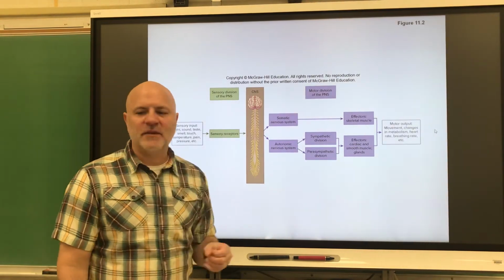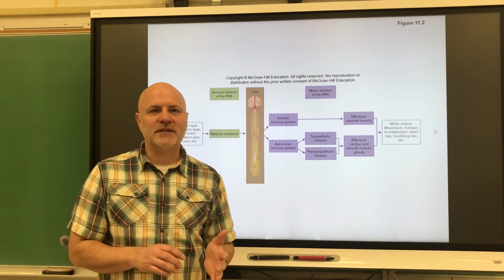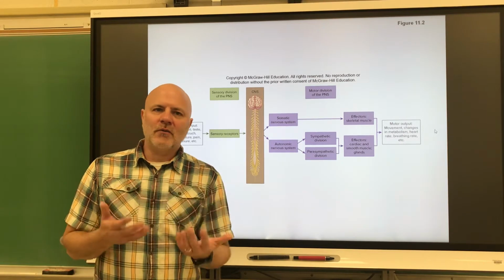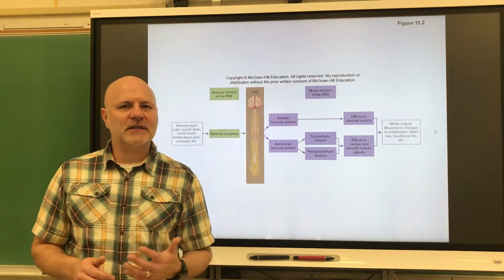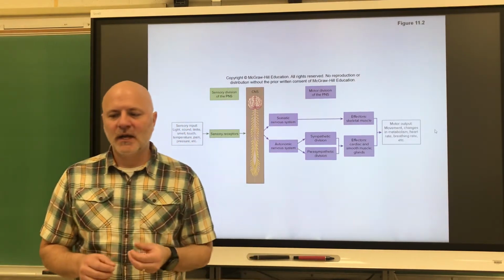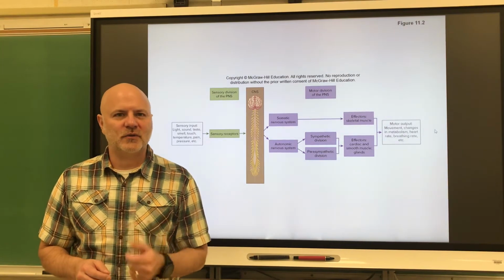One is the parasympathetic division, which controls the normal activities of the viscera, like your breathing rate right now, your blood pressure right now. The sympathetic division activates the body to cope with stress or excitement.